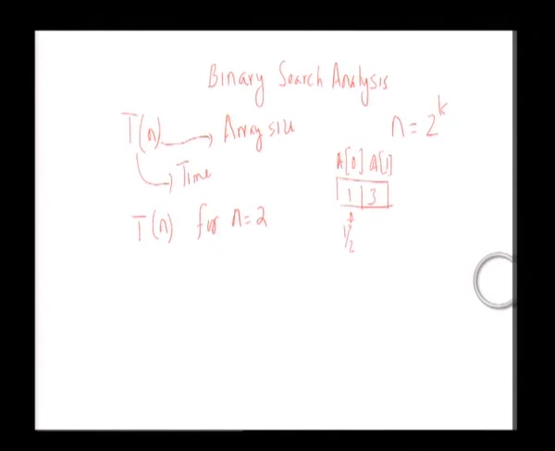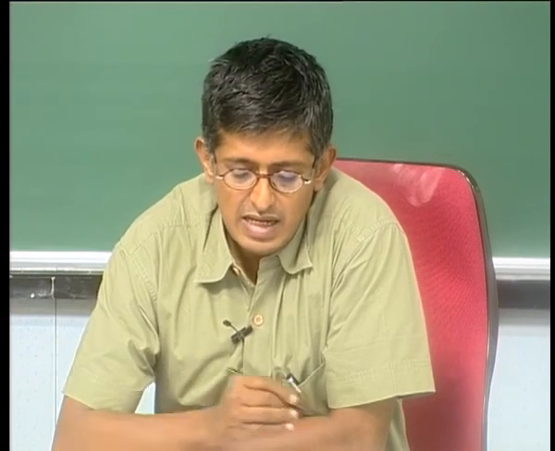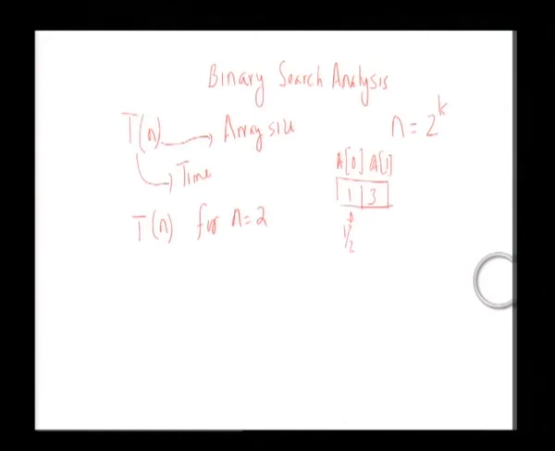So, that takes only one comparison. If the value is 3, then in 2 comparisons it will be found, and if the value is larger than 3, then again it would be found that the value is absent in at most 2 comparisons. Therefore, T of n for n is equal to 2 is written as T of 2, which is just 2 comparisons.